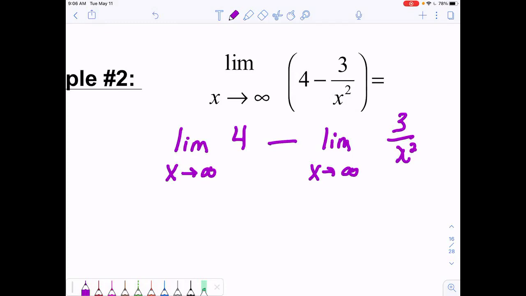So let's think about this first one. The limit as x approaches infinity of 4. We're going to evaluate this first limit here. So think, what is the y value of the function? Because that's really what the limit is. So if you have the limit as x approaches infinity of 4, what's the limit there?